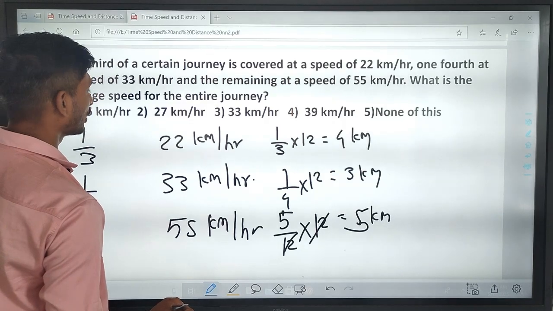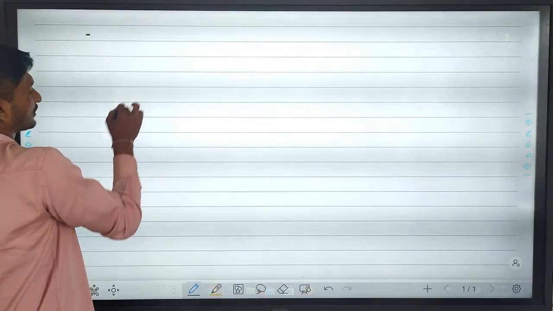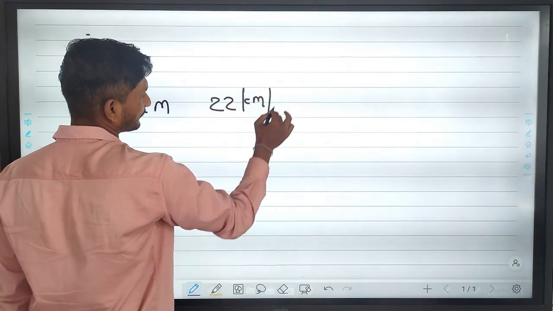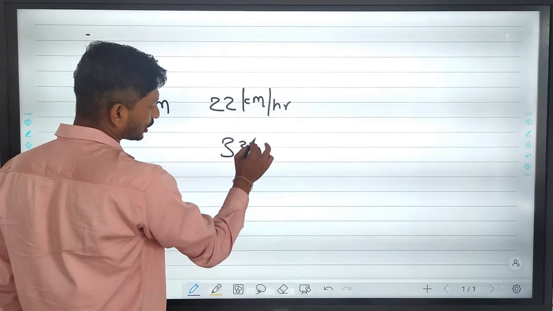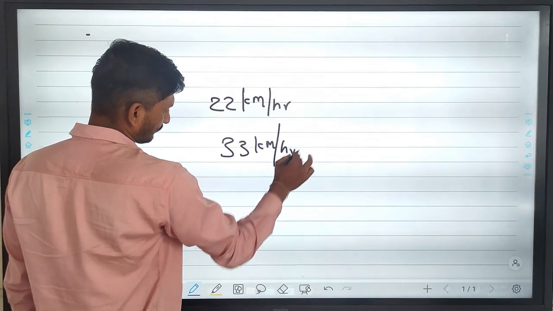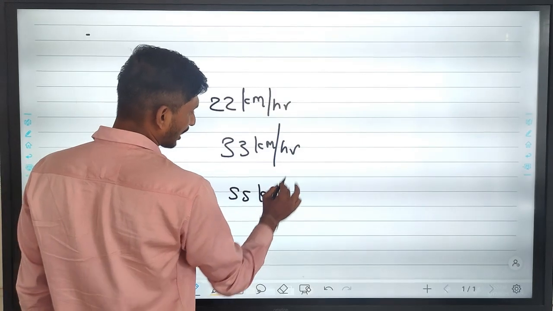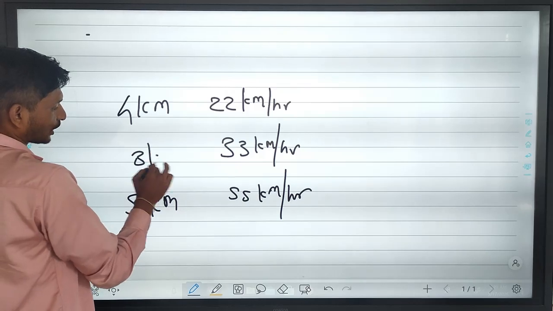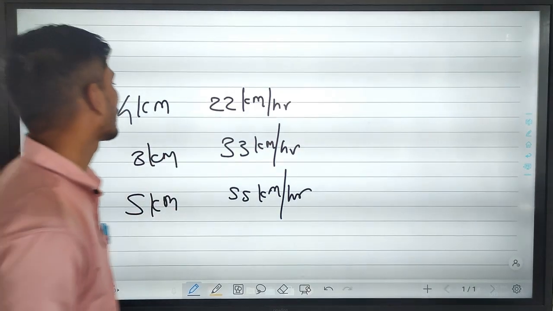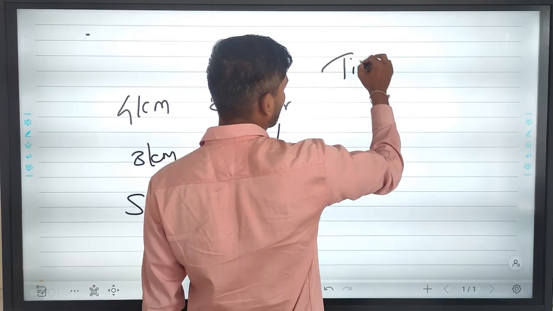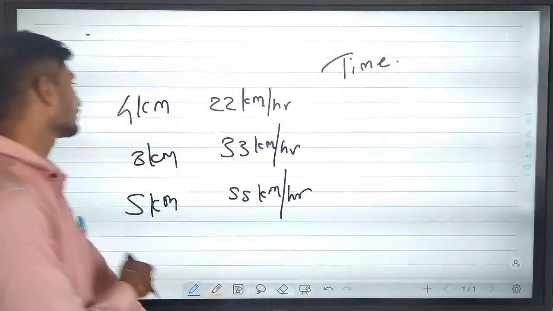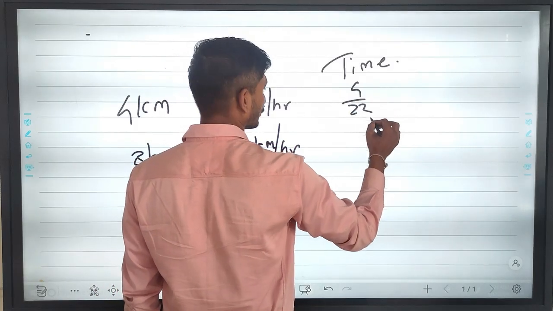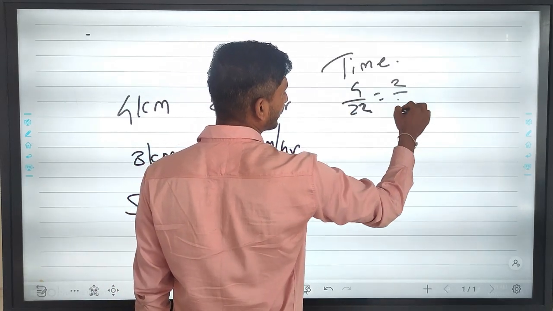The first distance is 4 km at a speed of 22 km per hour, then 3 km at 33 km per hour, and then 5 km at 55 km per hour. Now we find the time required to travel these distances. 4 divided by 22 is 2 by 11.